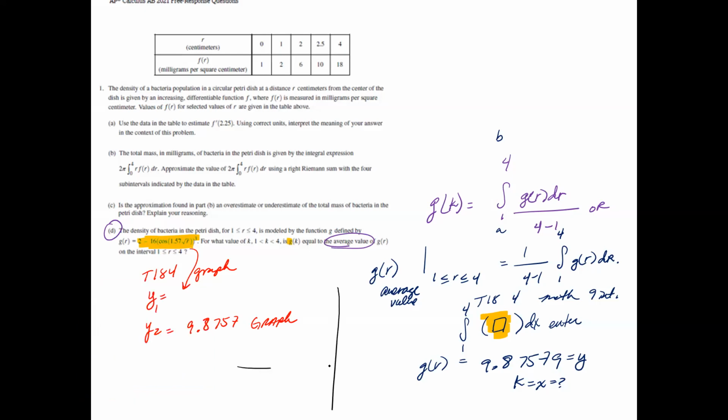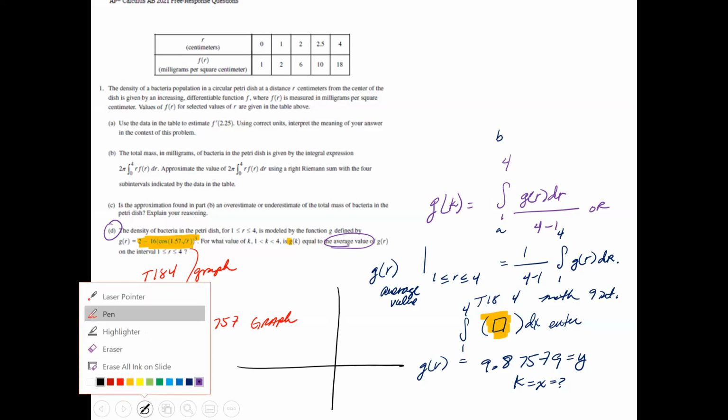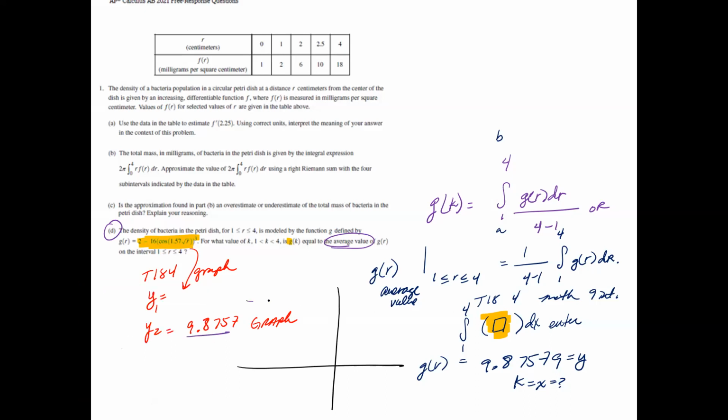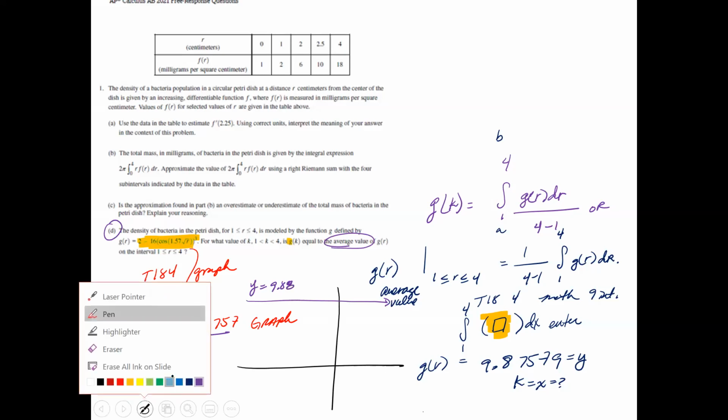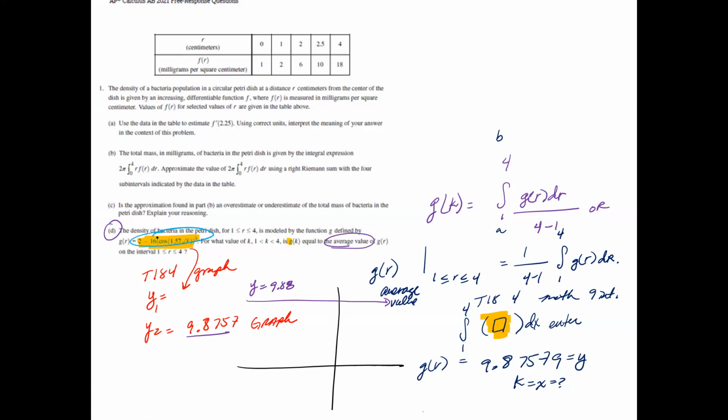So on your graph, you should have a picture that looks something like y equals 9.8 is going to be this line right here. So y equals 9.87 or 9.88. There we go. And then this equation right here, when you do graph it, is going to look something like this part right here.